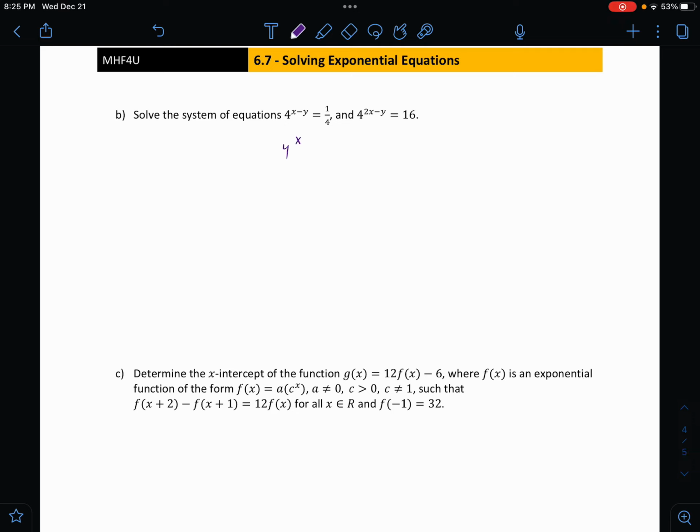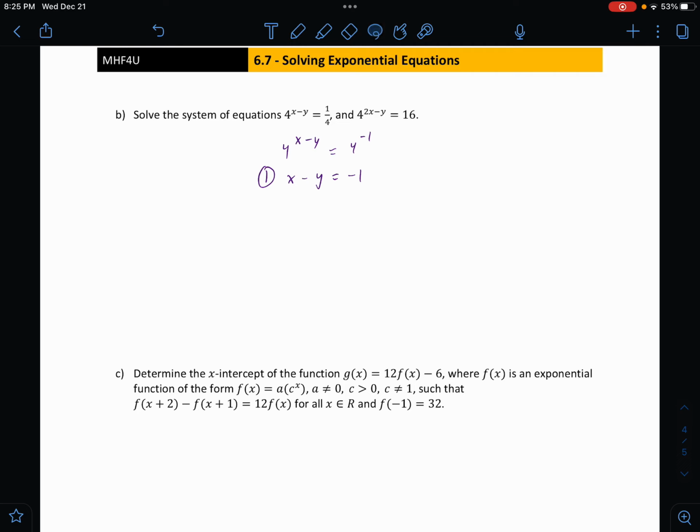Now it's actually fairly easy here. We don't actually have to really change the bases. We just have to change the 1 over 4 to 4 to the exponent of negative 1. And then we can drop the bases from that point on. And we end up with one equation already. So we get a linear equation.